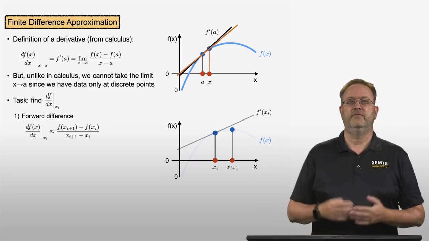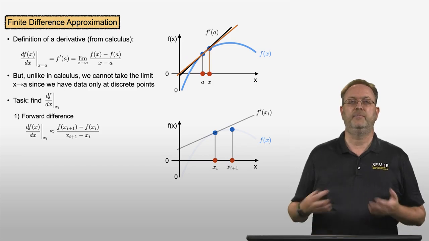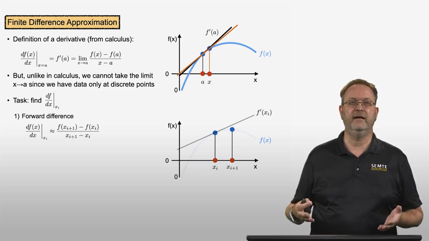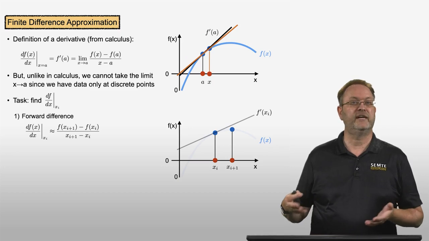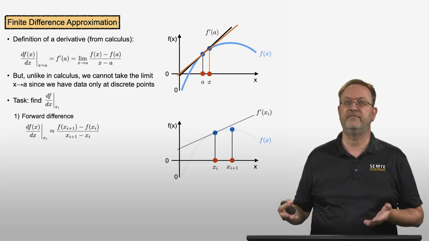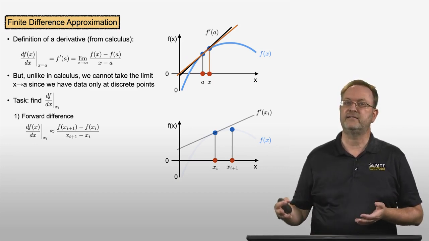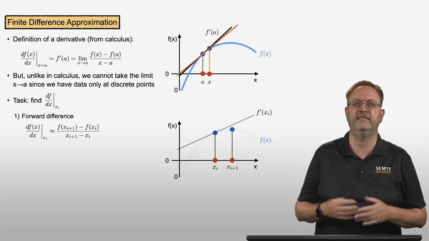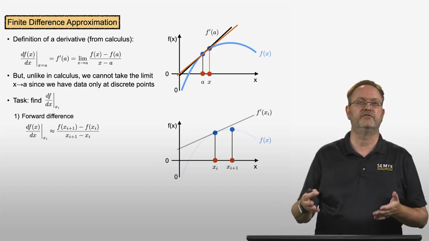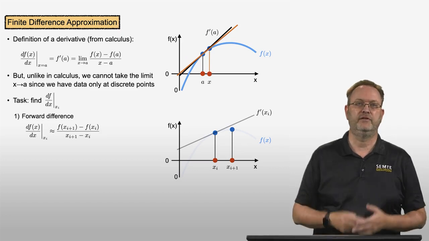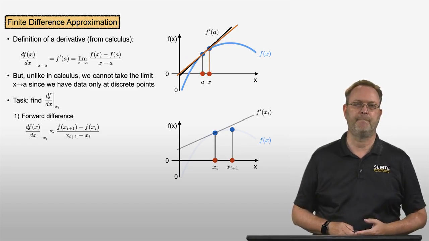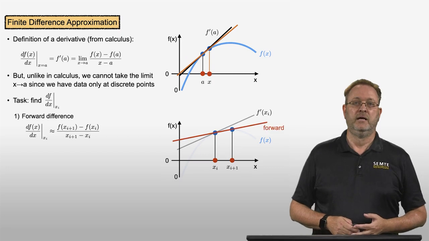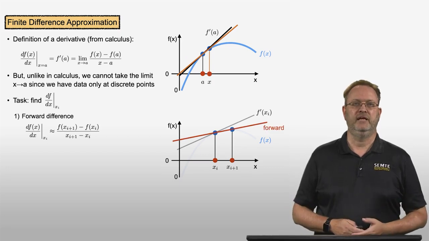So then going back to the definition from calculus, I can approximate the derivative at xi as f of xi plus 1 minus f of xi divided by that distance xi plus 1 minus xi. Now that's the closest I can get this definition from calculus to the actual limit of x going to a. And that would then be the slope.